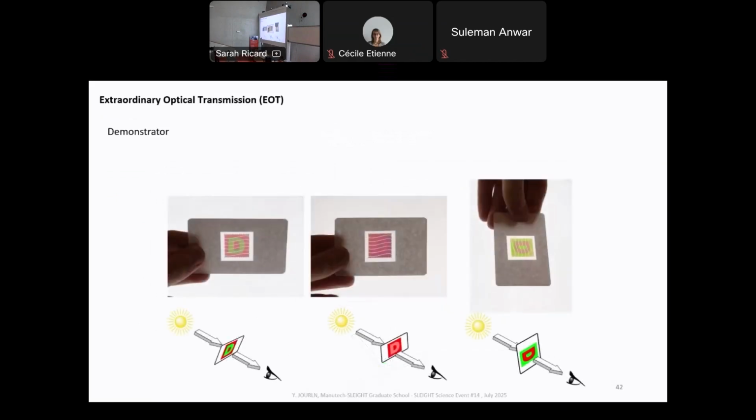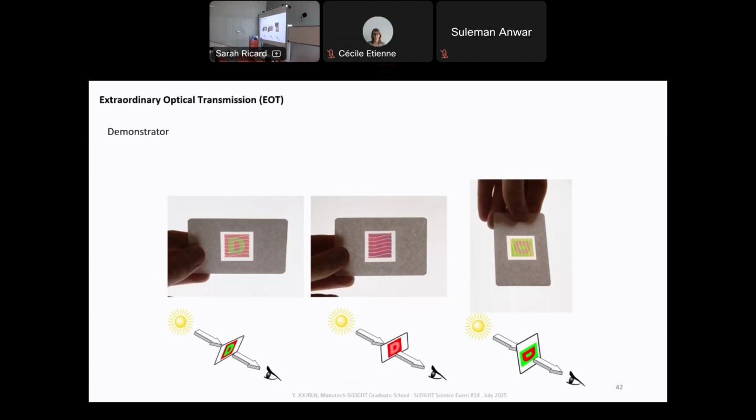And we could explain that we have different effects using this extraordinary optical transmission, because I didn't say, but the color, the wavelength, is very sensitive to the angle in the collinear incidence, whereas it is almost not sensitive in the conical incidence.